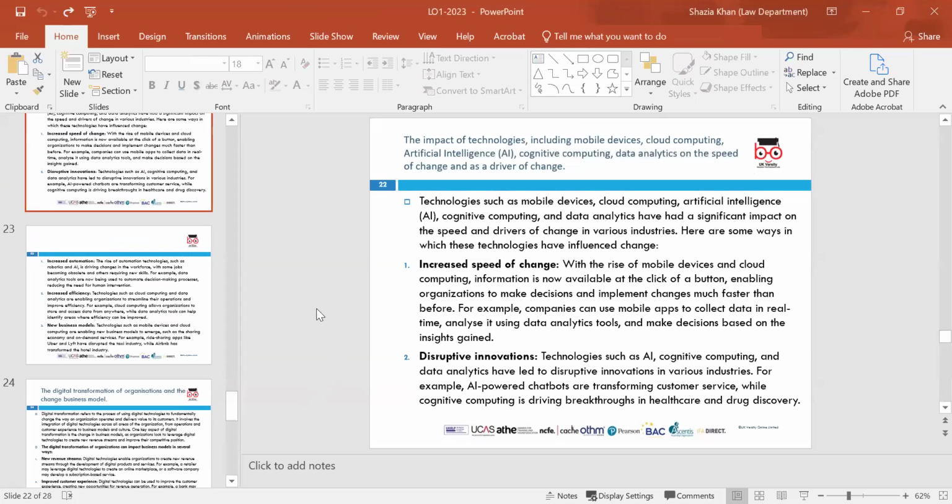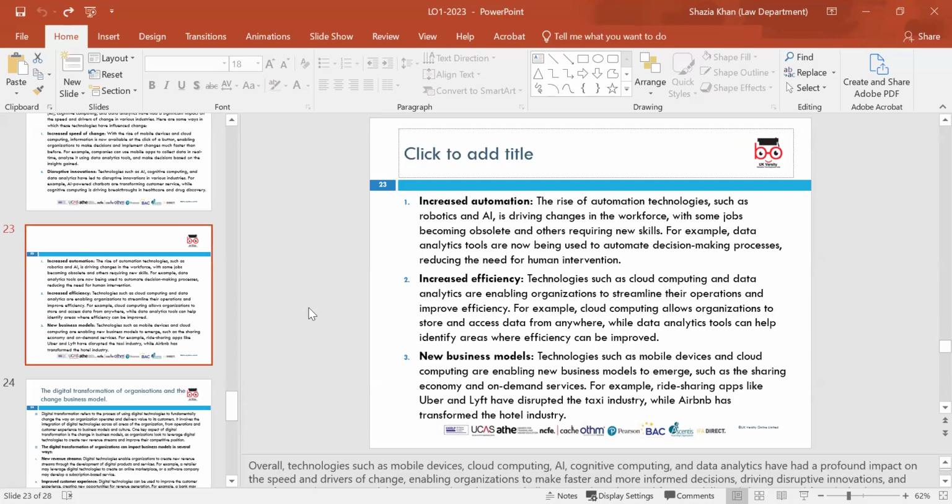Disruptive innovation: technology such as AI has led to disruptive innovations in various industries. For example, AI-powered chatbots are transforming customer service. There are benefits of AI, but there are also disadvantages of AI, which impact the businesses themselves.